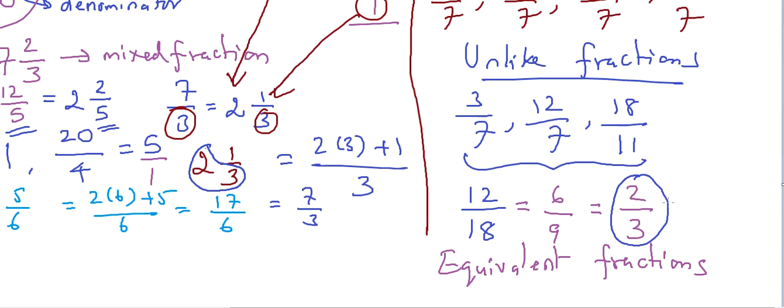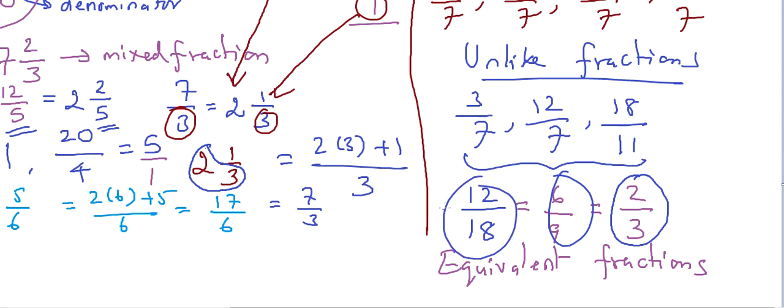So here 2 and 3, they are co-prime, isn't it? But 6 and 9 are not co-prime because they have a common prime factor of 3. So 6 by 9 is not in its lowest terms or simplest form.